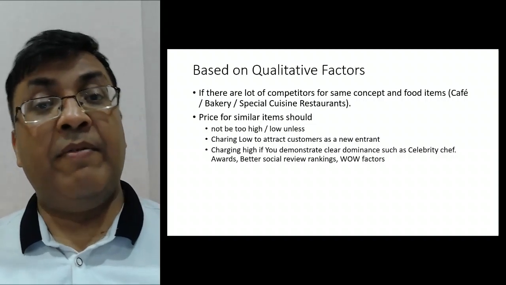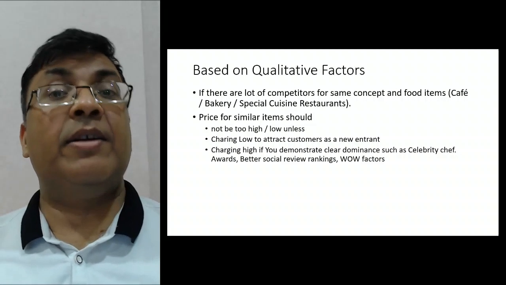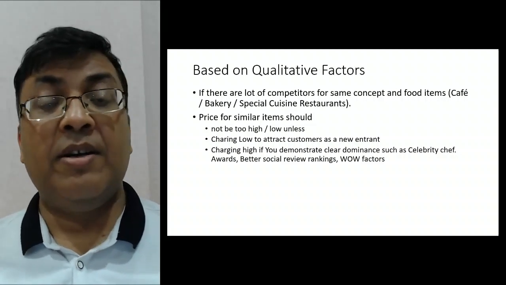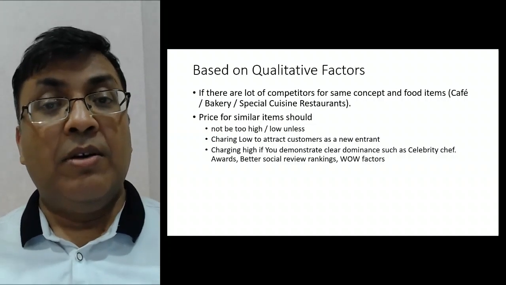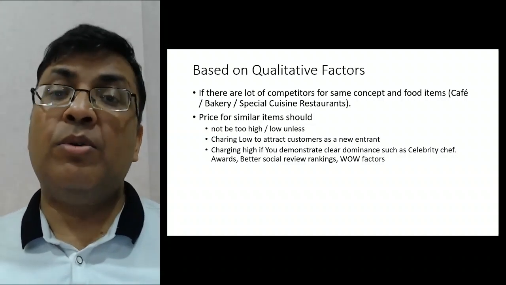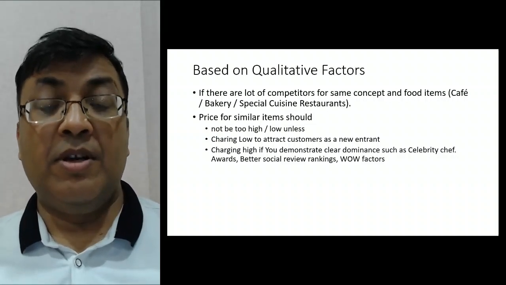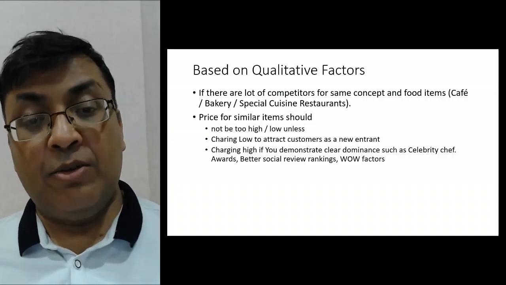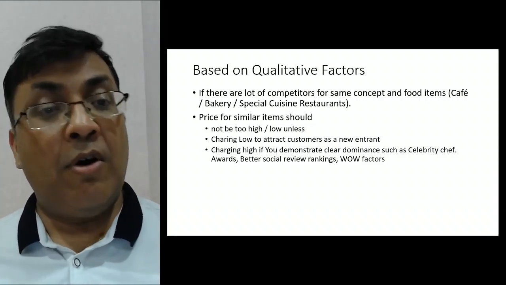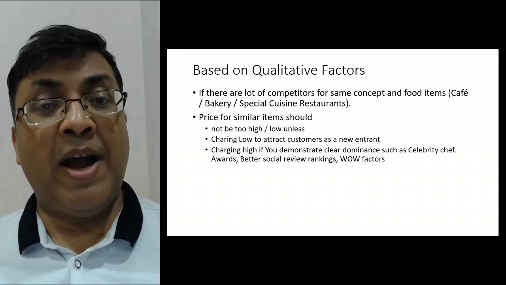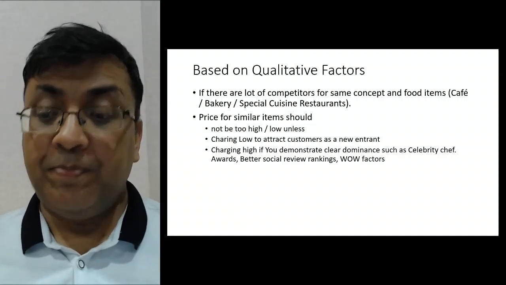You have entertainment where your competitors don't have it. You have certain value added factors, wow factors in your restaurant, which the customer will feel as a value for the meal, because customers don't come to the restaurant only for a meal, they come for experiences. So you have to provide better social review rankings, an engaging chef, or other things that you might be doing as a value add in your restaurant.